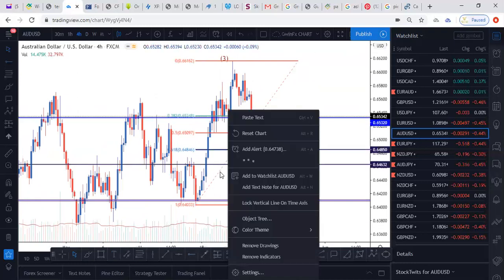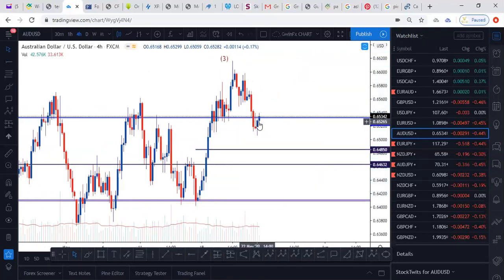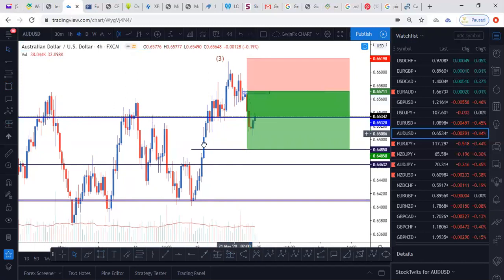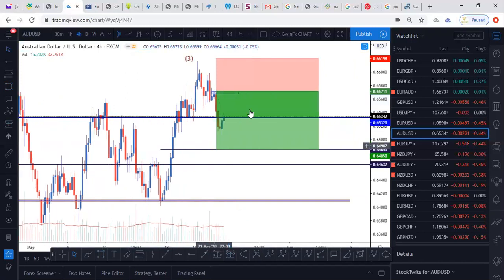So if you have this pullback in the new week into this zone, we could look to sell back to here. Okay, so that would be a 1:7.4, which is not really a good trade. So we can't be taking that trade this week.